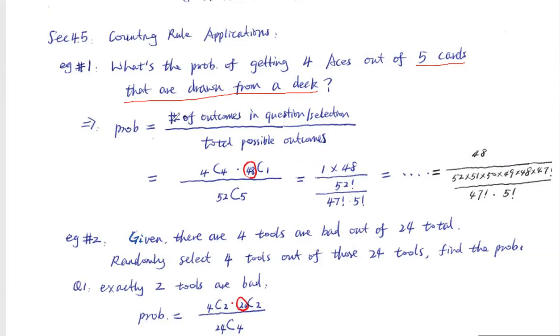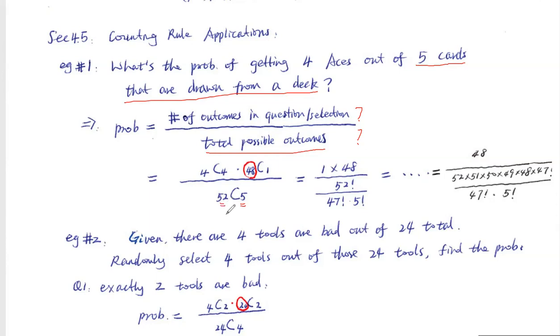Remember, probability is something divided by something, right? The denominator is all possible outcomes we have. So the question here is, we are drawing 5 cards out of a regular deck, so we are selecting 5 out of 52.